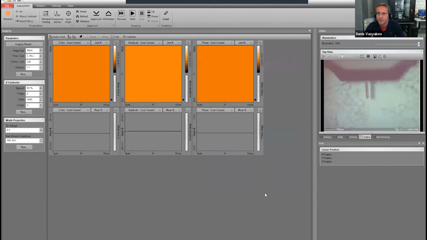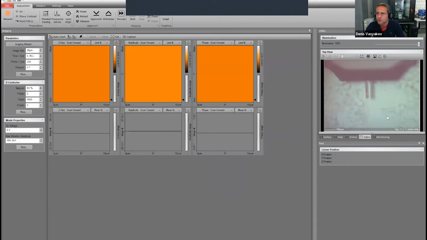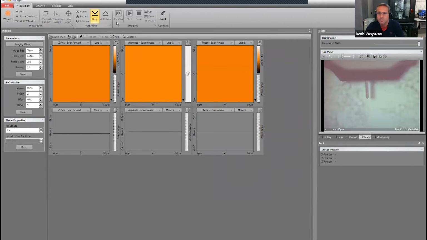Press OK. And we can press approach. So you can see there's a shadow of the cantilever on the sample, so there's quite some distance. So just press approach. And the system will again tune the vibrational frequency, just not plot it for you.